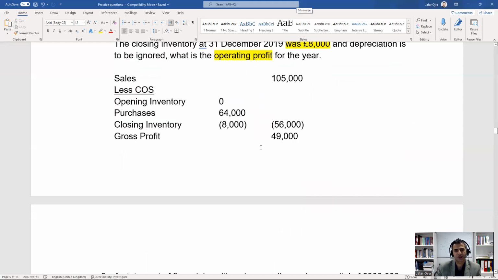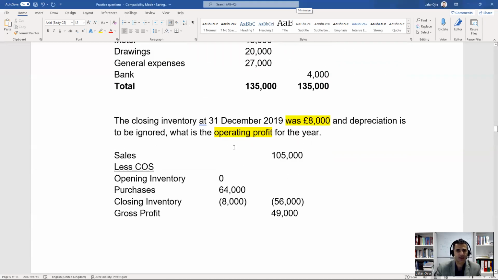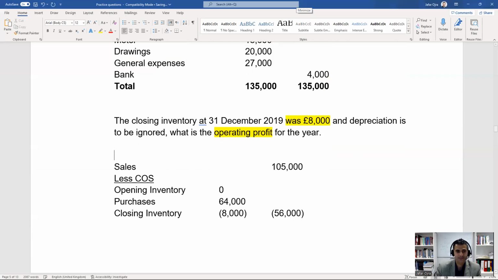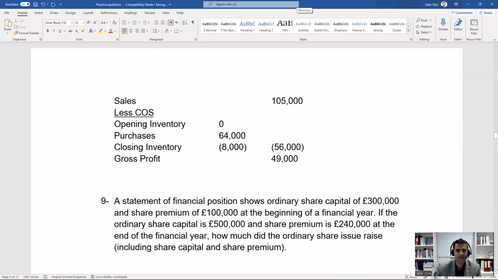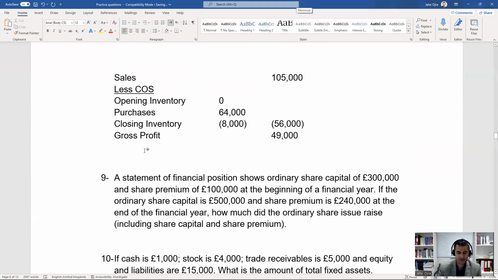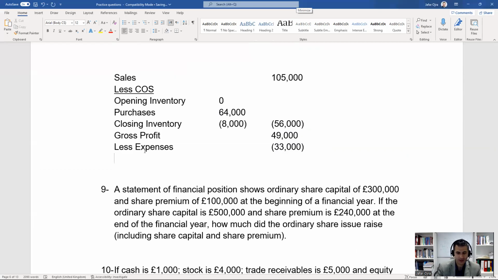That's 33,000 pounds. So that's minus expenses, 33,000. Okay, here we go. Let's make the operating profit.